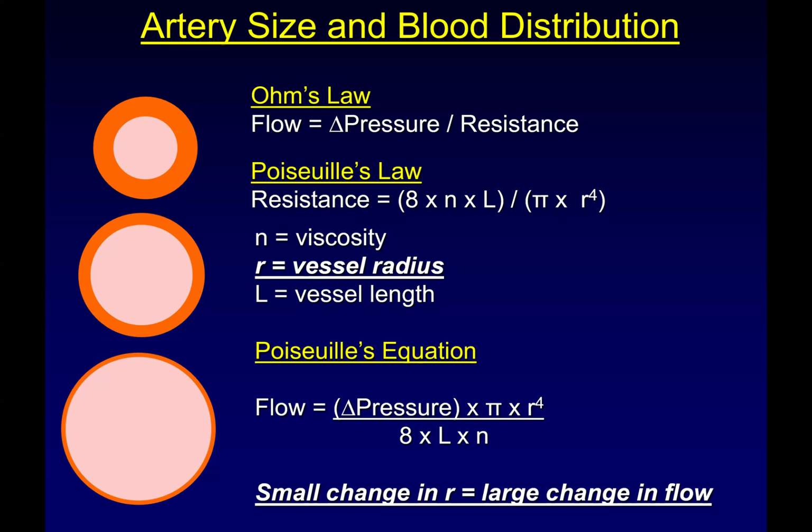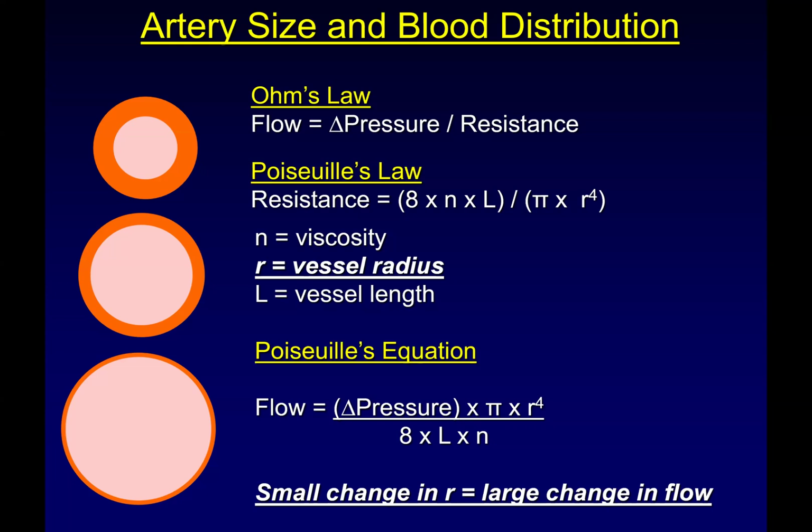Your blood has a viscosity to it, thicker and a little sludgier compared to water. Also constant. L is the length of your vessel, and your vessel lengths don't change, also a constant. So the numerator of that equation does not change very much.